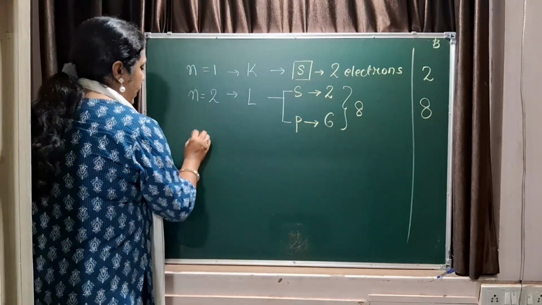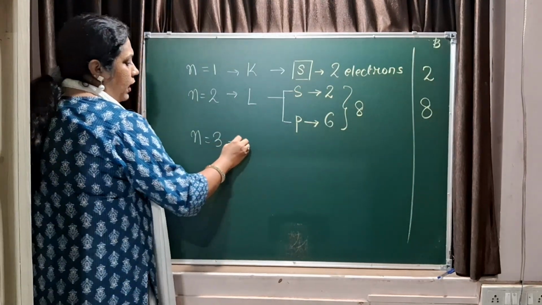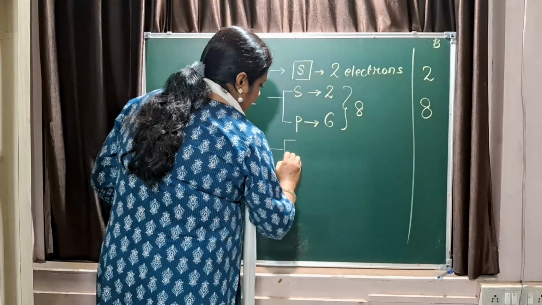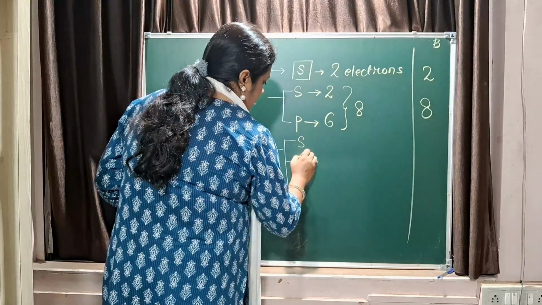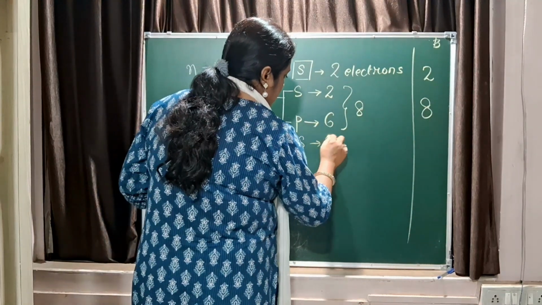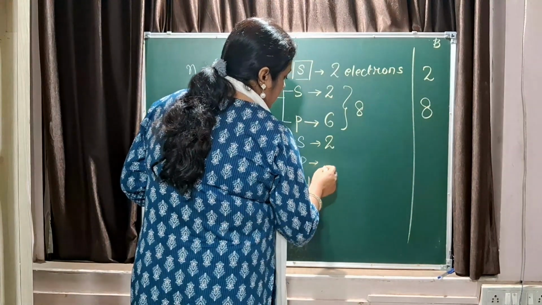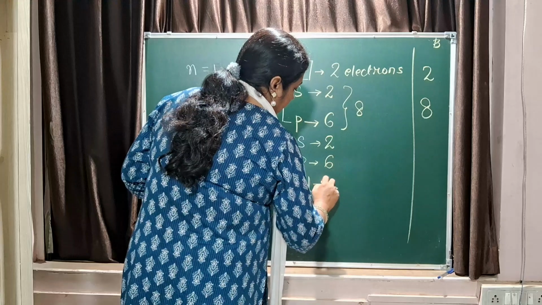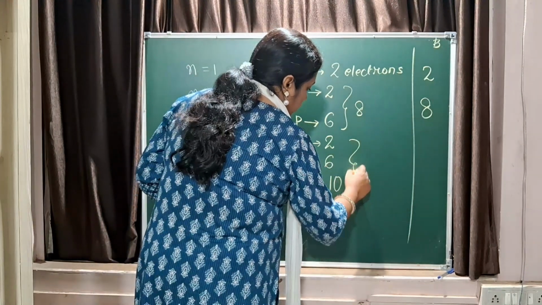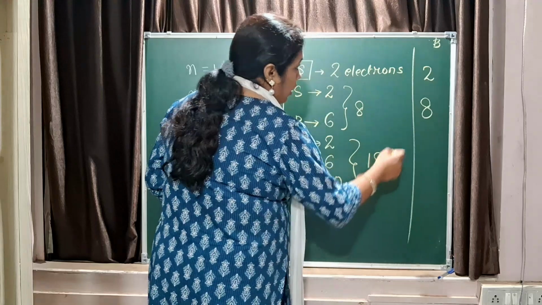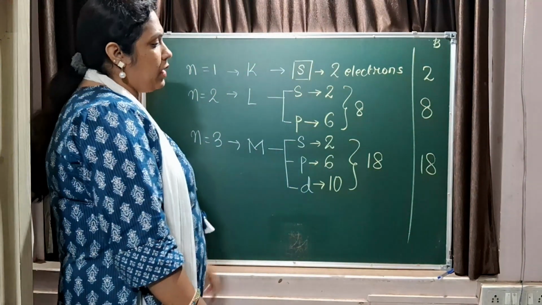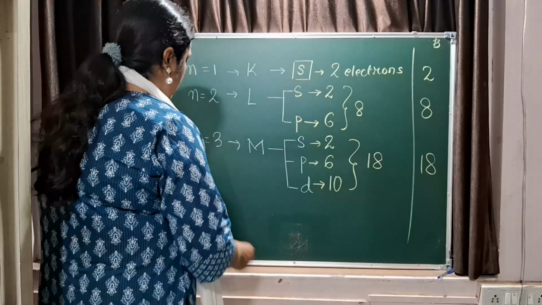Then n is equal to 3 for M shell. M has 3 orbitals, S, P and D. S has the capacity of 2, P has the capacity of 6 and D has the capacity of 10. This makes a total of 18. According to Bohr-Bury's law, 2n square, for M shell we have 18 electrons.